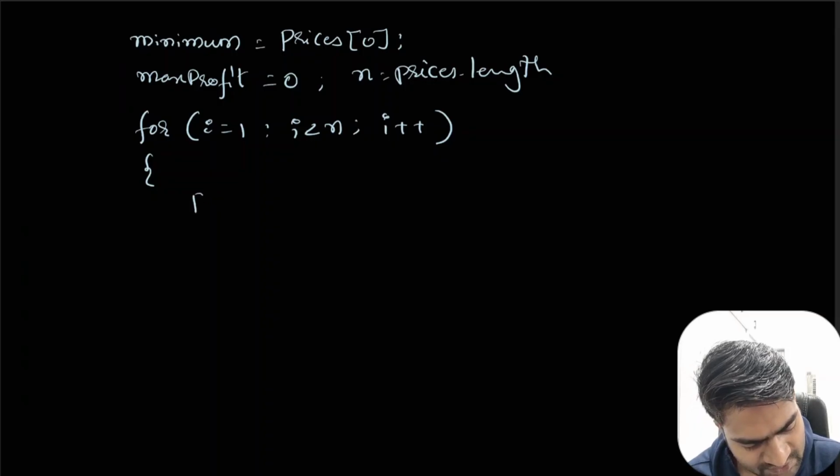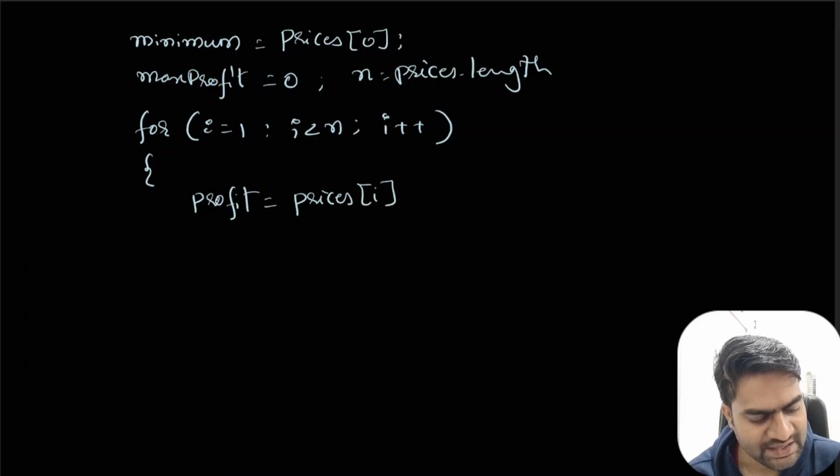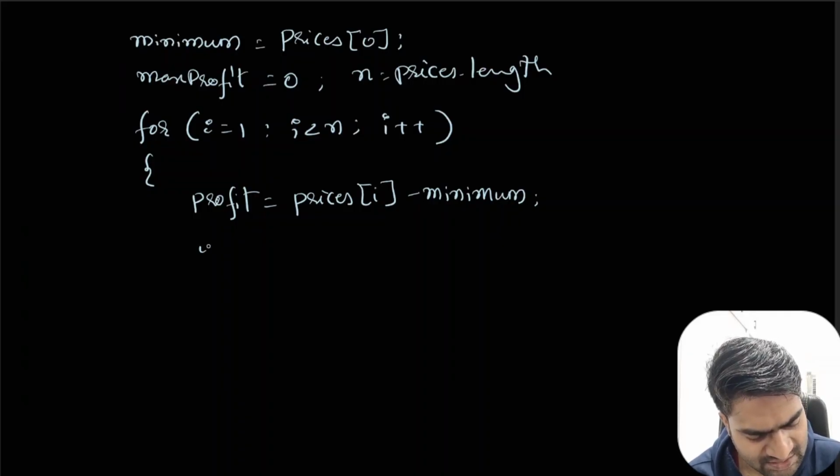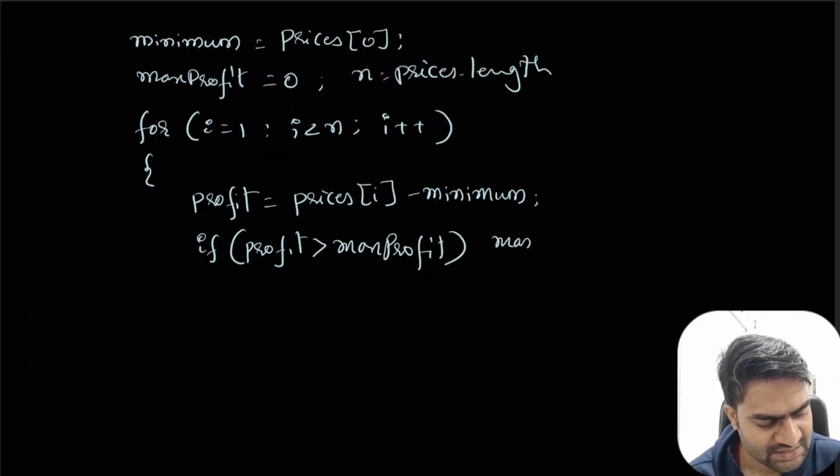So profit is equal to prices of the current value, which is I, minus minimum. This will give us profit. Then I will check if profit is greater than max profit, then I will update max profit with my profit.